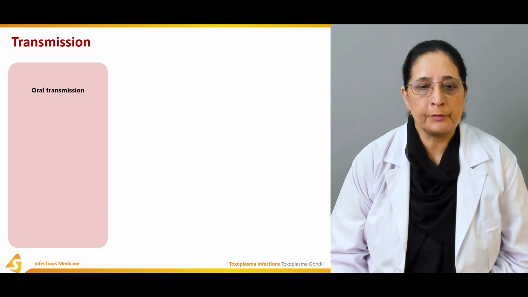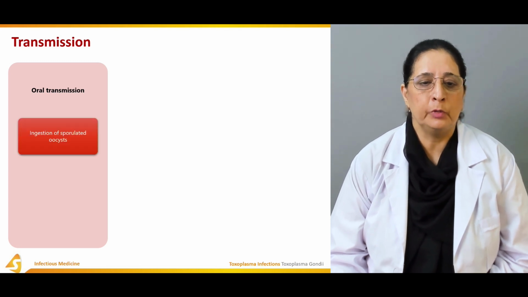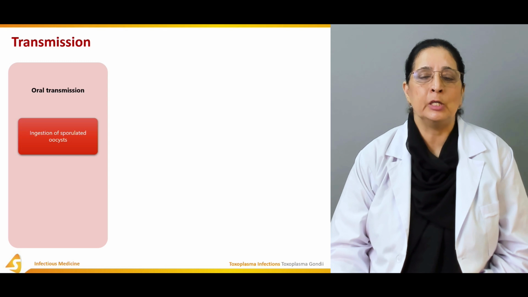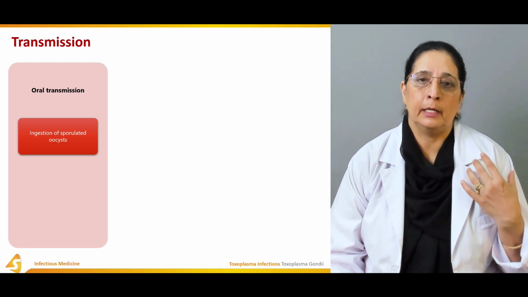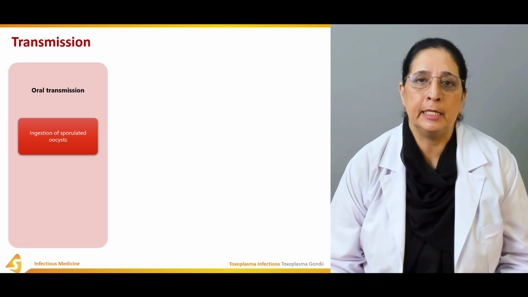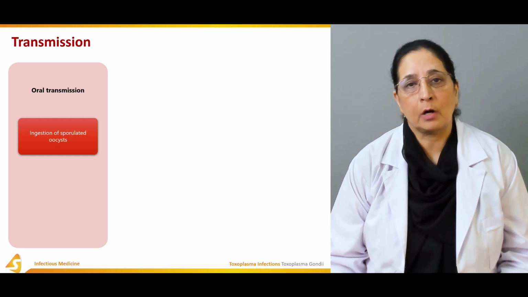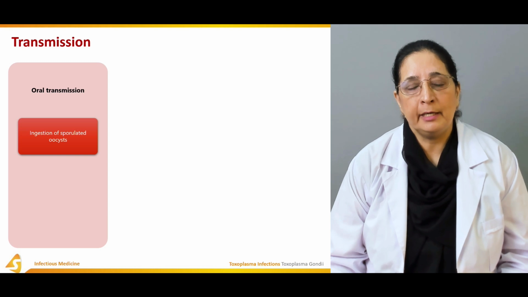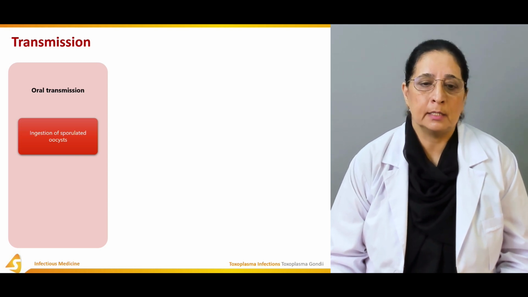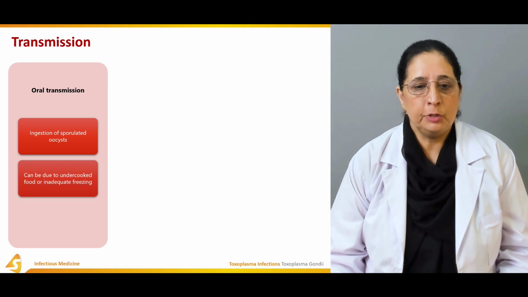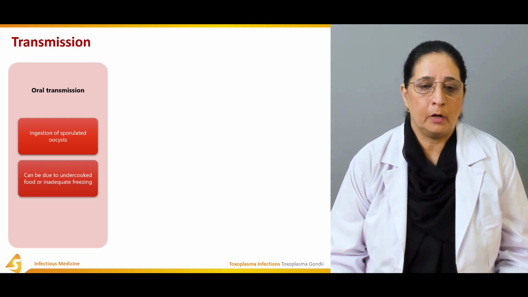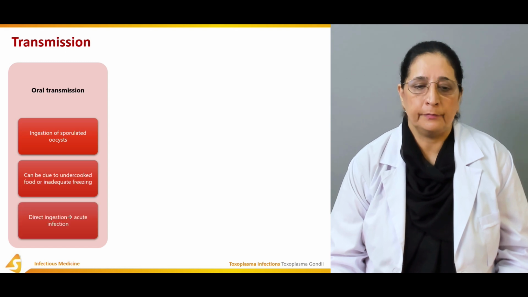Transmission: oral transmission is due to ingestion of sporulated oocysts, through consuming contaminated food, water, undercooked meat; all that is oral transmission. It can be due to undercooked food or inadequate freezing of the food.